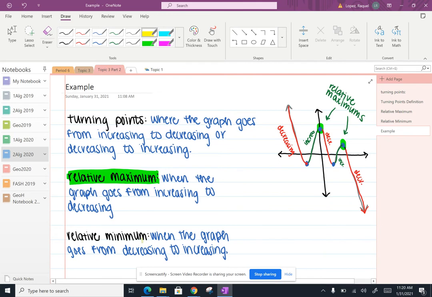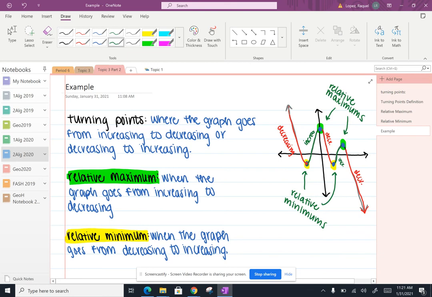The points on the graph that go from decreasing to increasing are known as relative minimums. So the points that I'm about to highlight in yellow are relative minimums. And so we've got two of each.